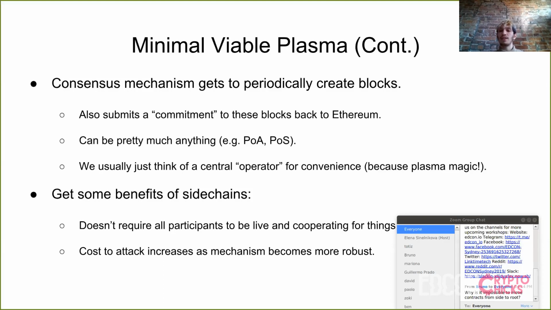Nobody else necessarily needs to be online for things to progress. The other thing we get that's similar to sidechains is that the cost to attack the Plasma chain increases as the consensus mechanism on that chain becomes more robust. So you can imagine that most long-term solutions will probably use something like a proof of stake consensus mechanism and not proof of authority.